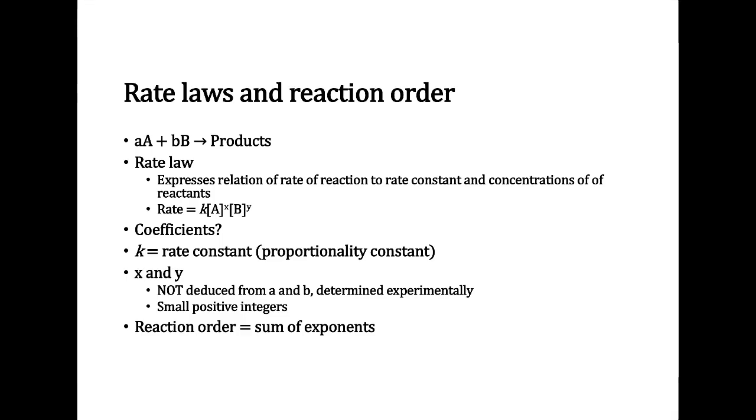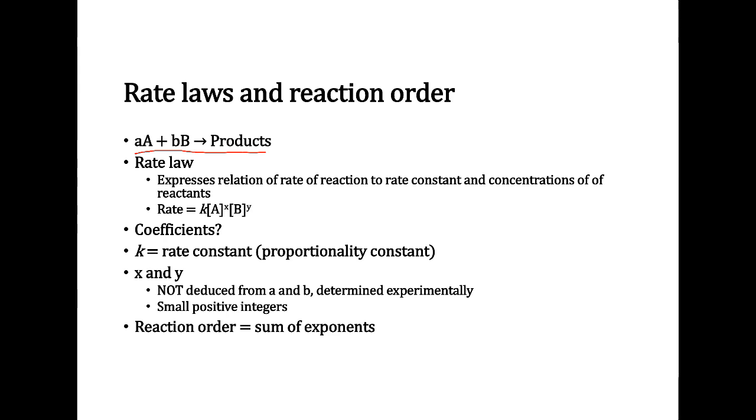All right, so now the rate laws are going to be different from the general rate expressions that we just dealt with. So for a rate law, let's go ahead and look at this general example. A plus B goes on to form products. If you were writing the rate expression, you would use the coefficients.